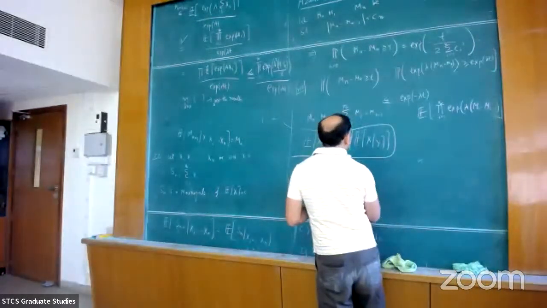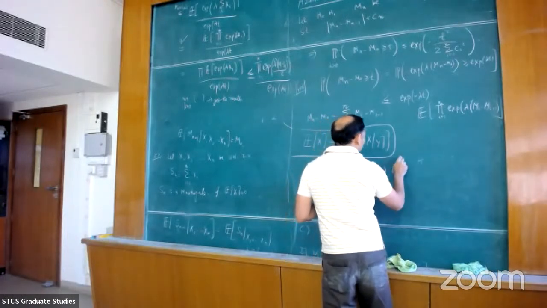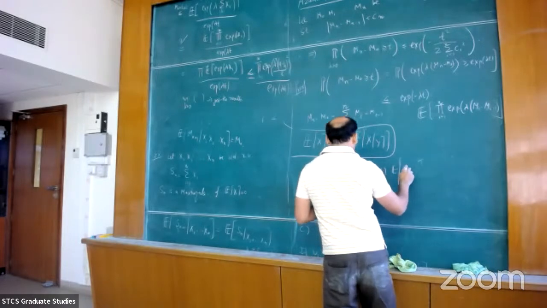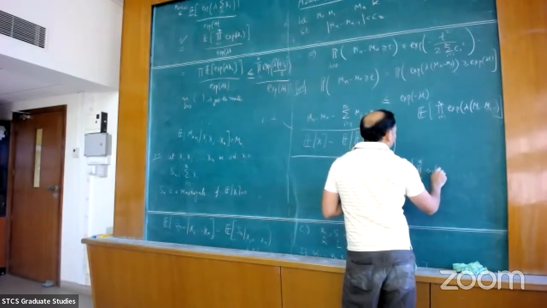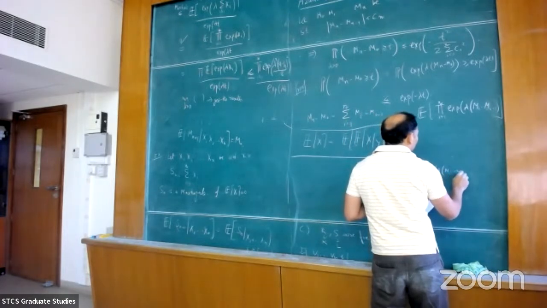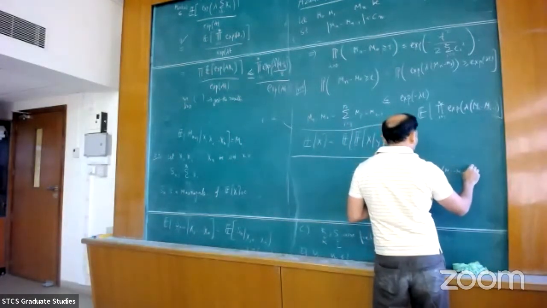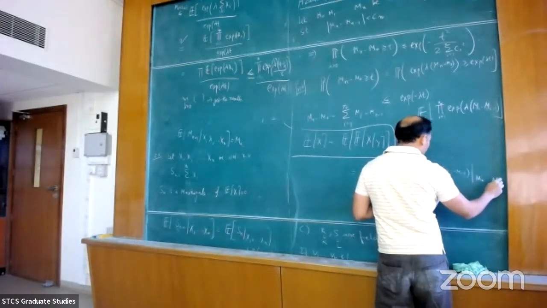So I can write this as the equality e to the minus lambda, expectation. I can just simply do this itself. There's nothing wrong.